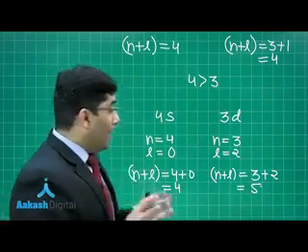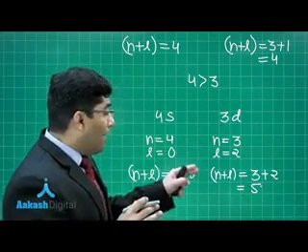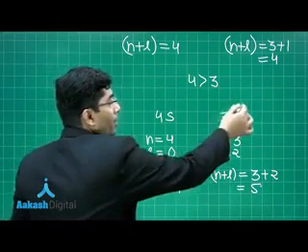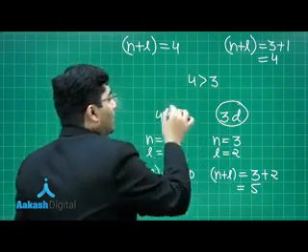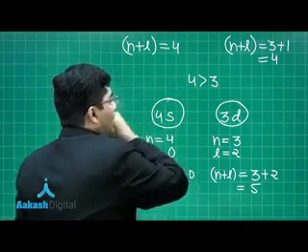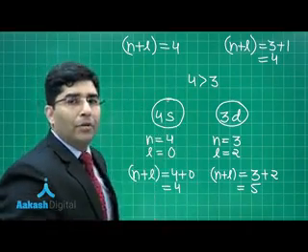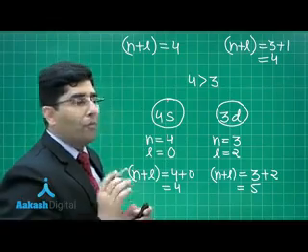Now you can clearly see 5 is bigger than 4, that's why 3d will have more energy than 4s. So we will fill 4s first, then 3d. So that was the Aufbau principle.